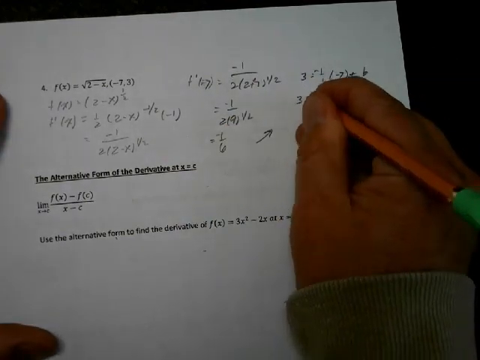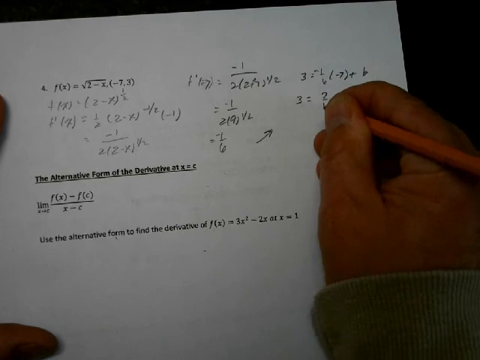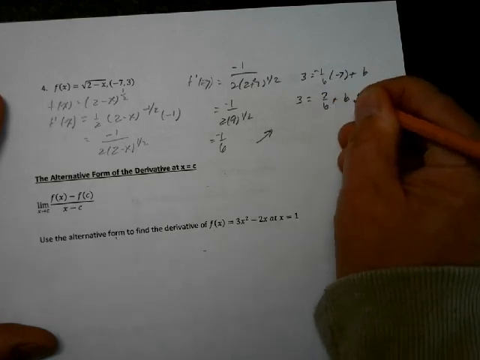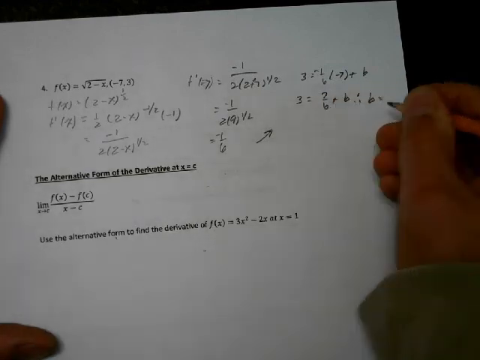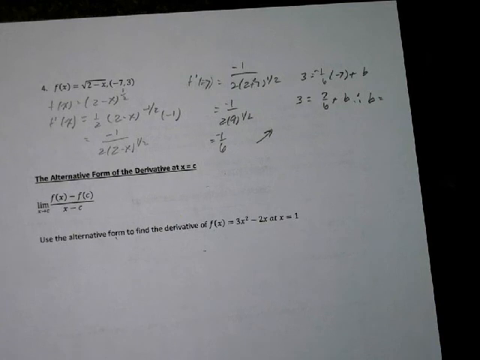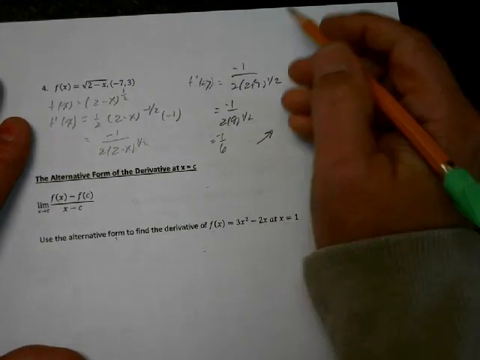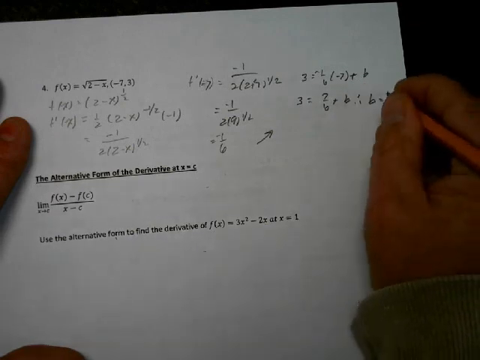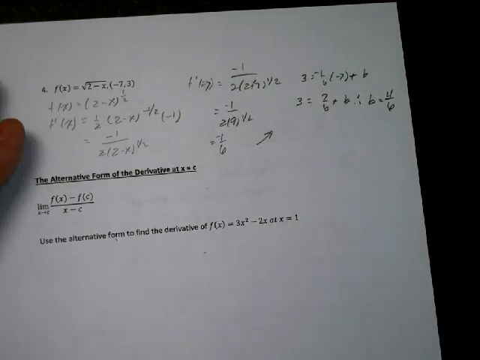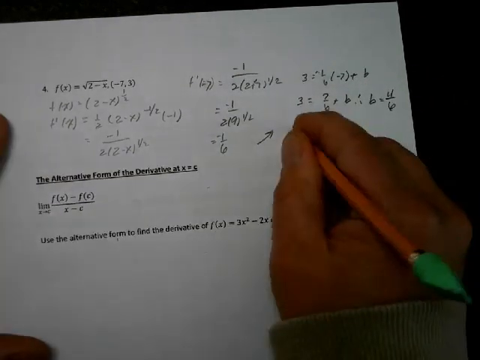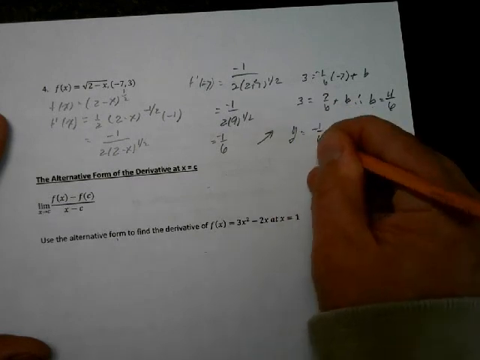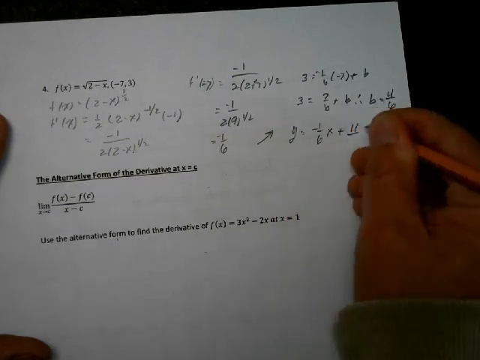Forgot that negative sign, sorry, so this here should be negative 1/6. So 3 equals 7 over 6 plus b. Therefore, b equals 18 minus 7, which is 11/6.